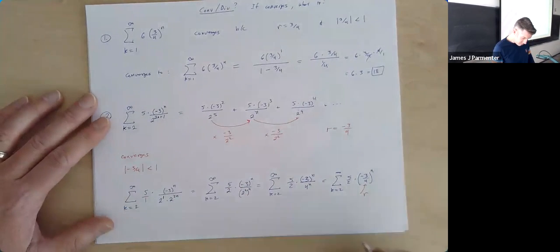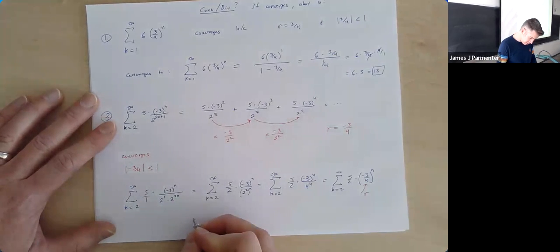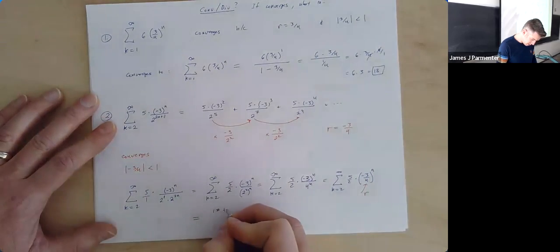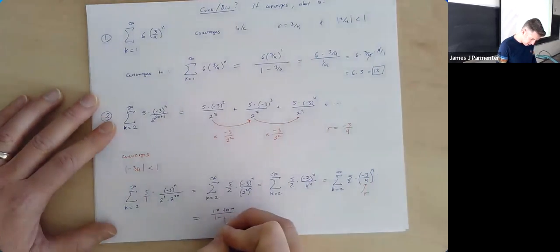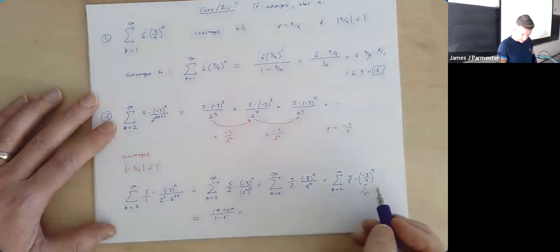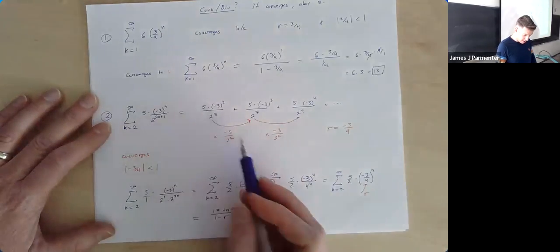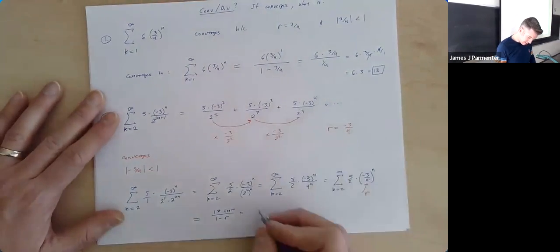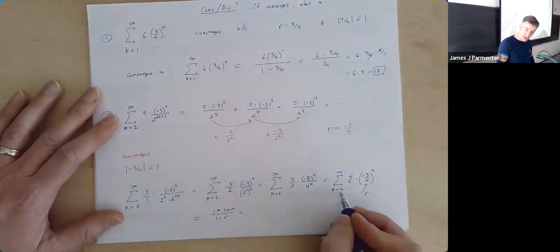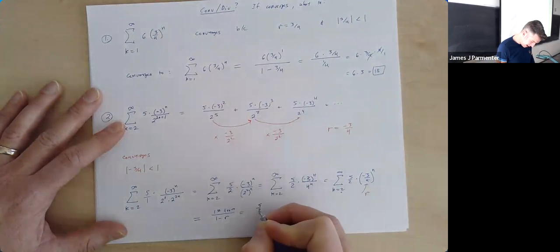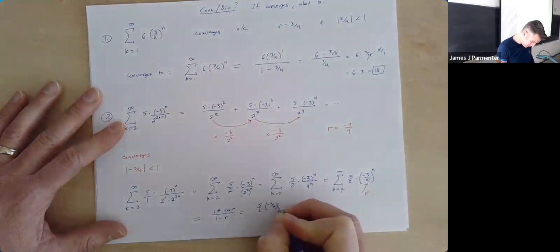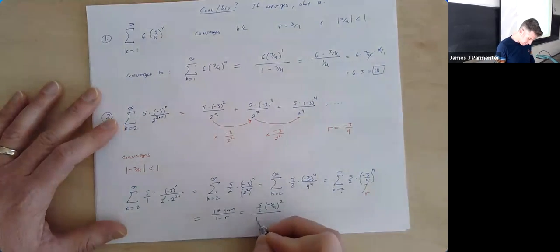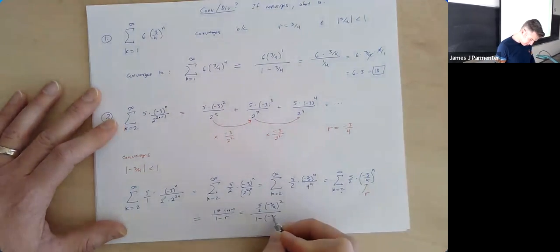So then we can also see what this converges to by, again, doing first term over 1 minus your ratio. So my first term, if I plug in, I could either plug in here or go back over here. So I'll probably do it here. My first term is going to be, if I plug in k equals 2, 5 halves times negative 3/4 squared, over 1 minus my ratio of negative 3/4.